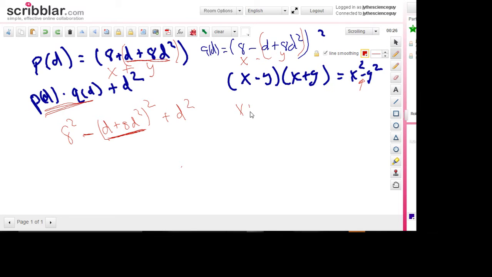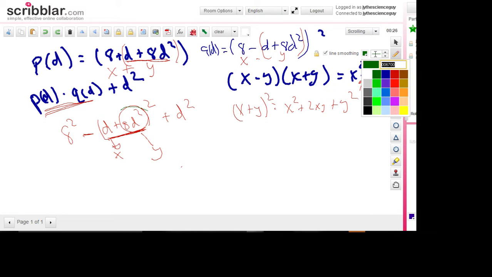So x plus y squared is equal to x squared plus 2xy plus y squared. Okay? So this is my x, and this whole thing is my y. And I'll put another color around it so you can actually see it. And I'll make it fatter. That's my y. This is not an easy question, by the way.